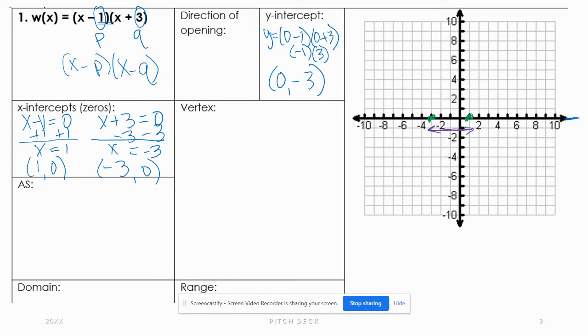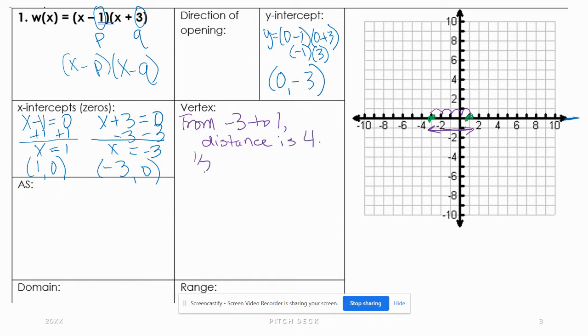So I'm going to start with, what is the distance here between these two? If I count the steps, 1, 2, 3, 4, then that distance is 4. So from negative 3 to 1, the distance is 4.